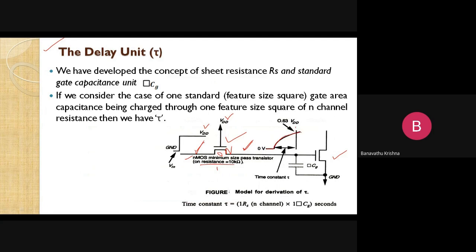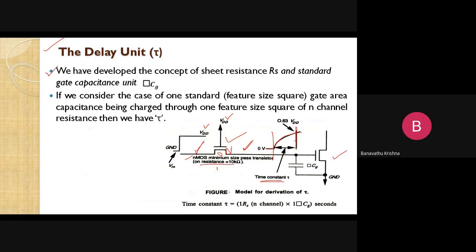The time taken for the response to reach 63% of the final value from the initial value is nothing but the delay unit, right? So this is the time constant, the time delay unit.